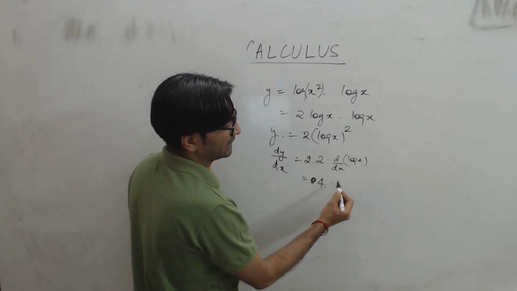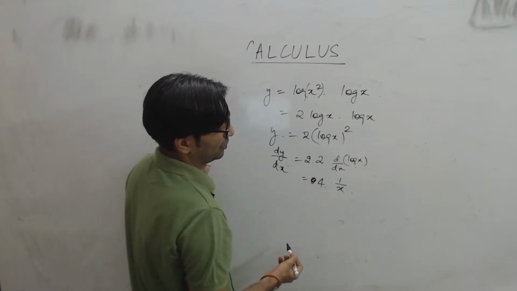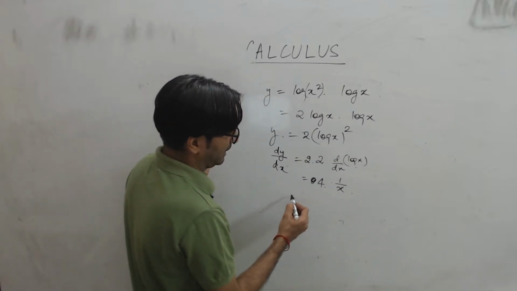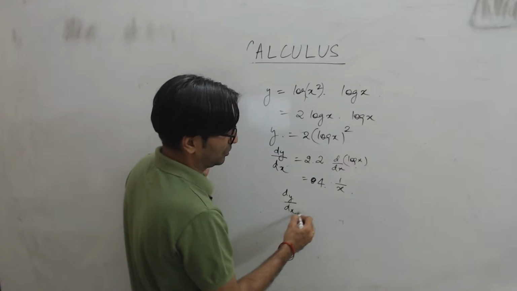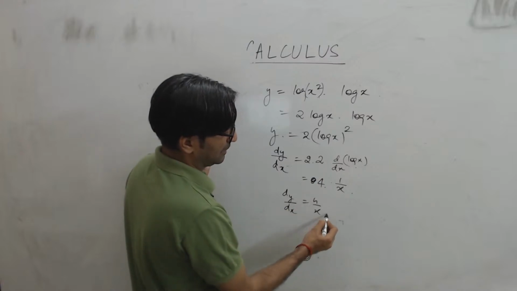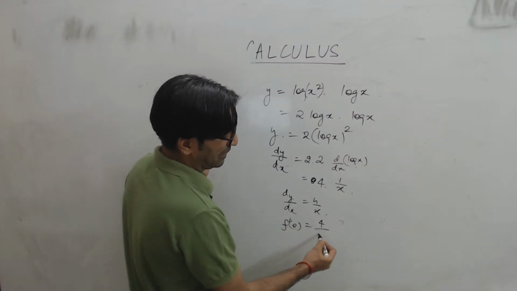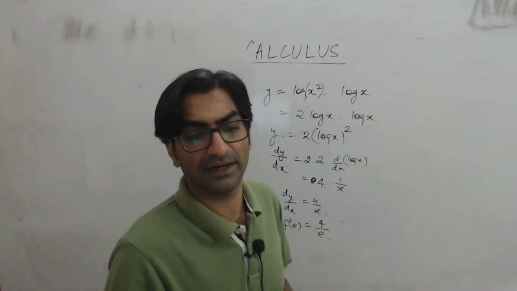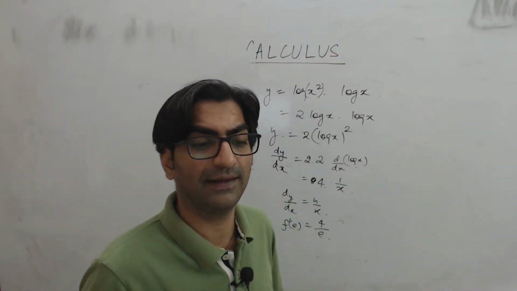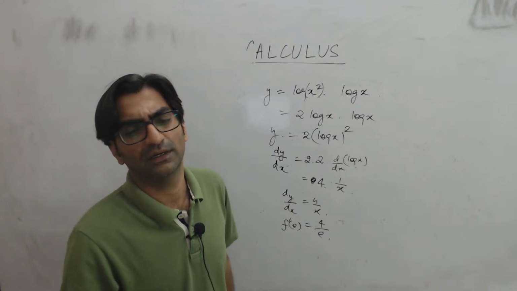It is 1 by x. So what I end up getting is dy by dx equal to 4 by x, which means f dash x at e will be 4 upon e. That's, I think, option D.